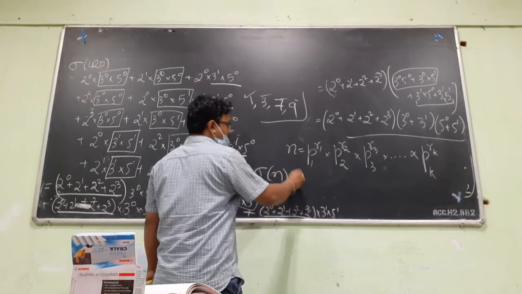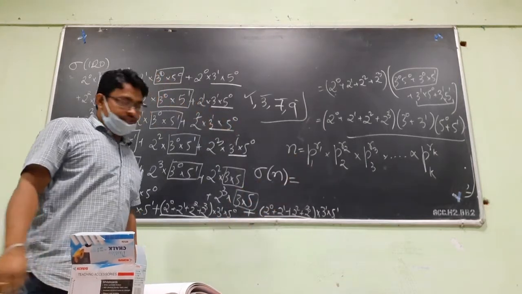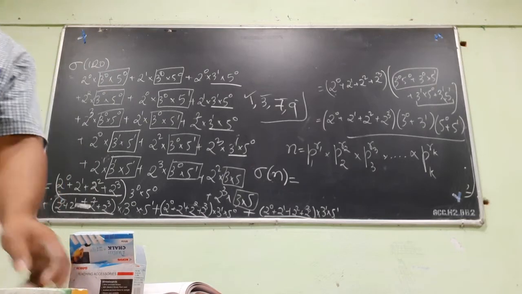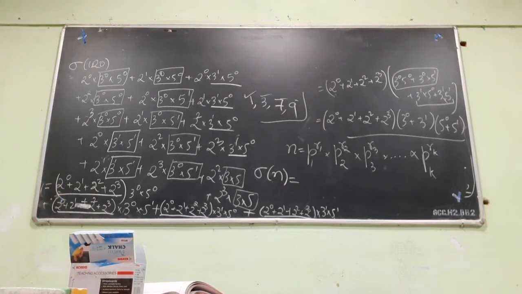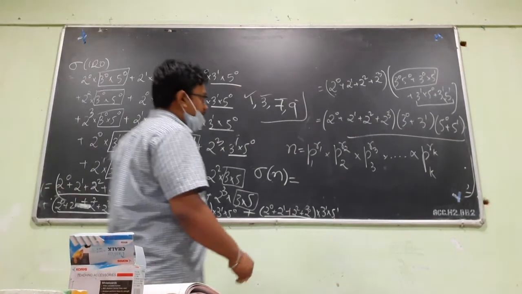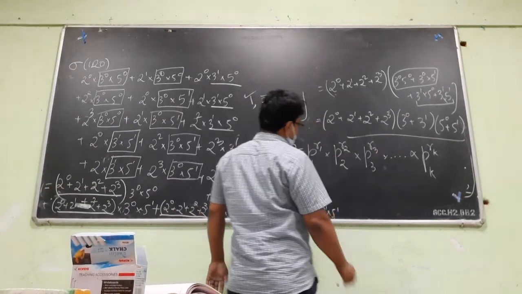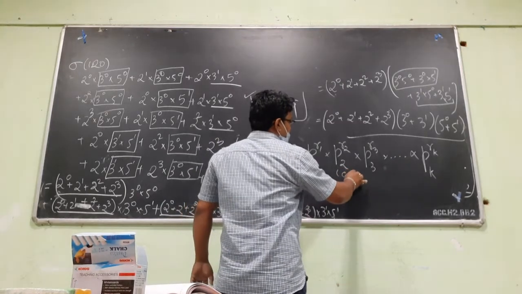Sigma of n, in general, where n is p1 to the power r1, p2 to the power r2, ... pk to the power rk, in canonical form. p1, p2, ... pk are distinct primes, and this is the canonical form.